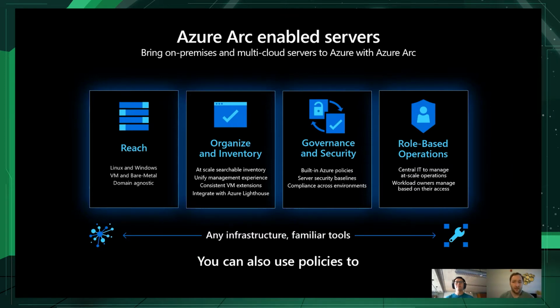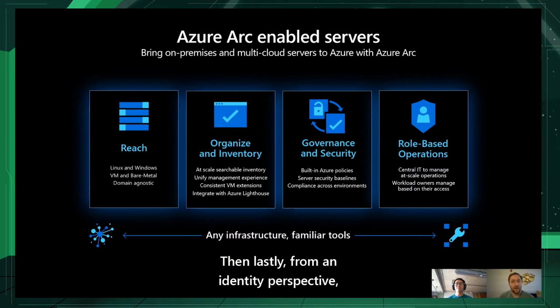You can also use policies to evaluate settings on a server. So if you want to make sure that all your servers have a particular setting set just as your IT department expects, for example, let's make sure TLS 1.2 is enabled, then you can define an Azure Policy, deploy it to all your servers, and get centralized reporting on how those policies are being evaluated.